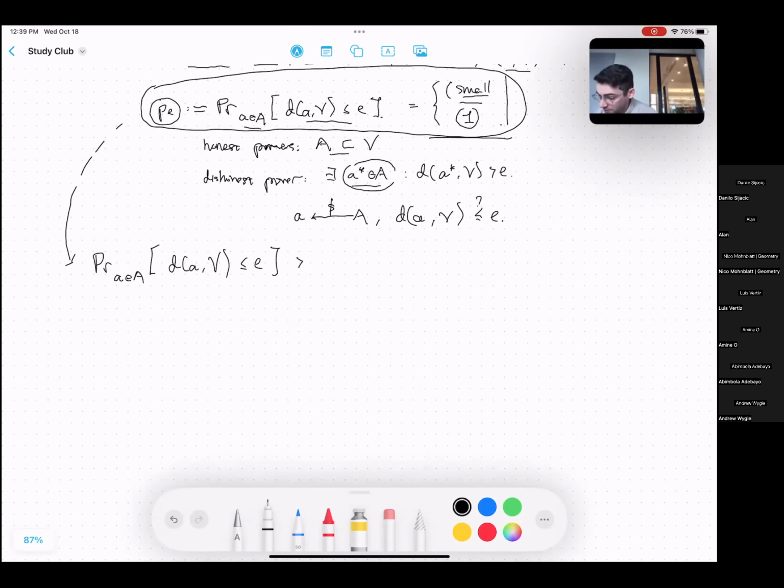If this probability is greater than a key threshold, a cutoff point epsilon, which will depend on E, then... epsilon is basically equal to this so-called small number. So if it's bigger than a certain small number, then it's everything. If it's bigger than this, then it's 1.